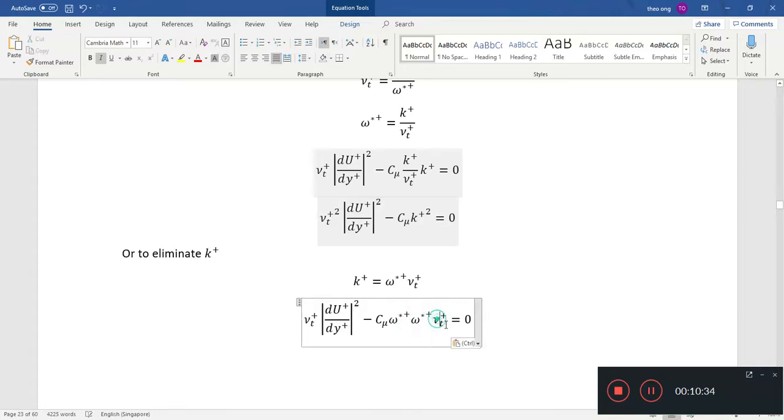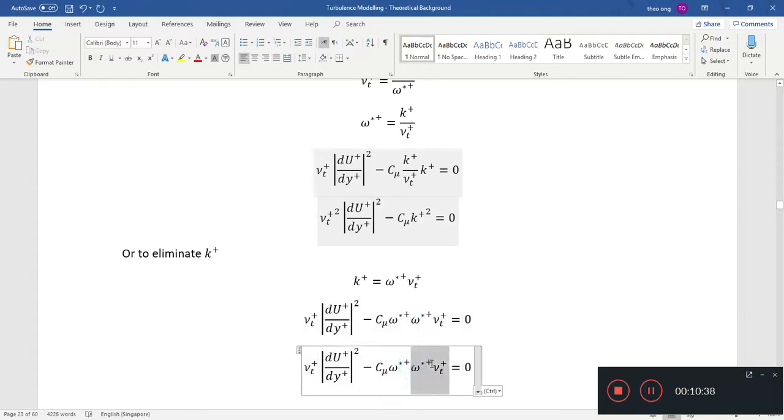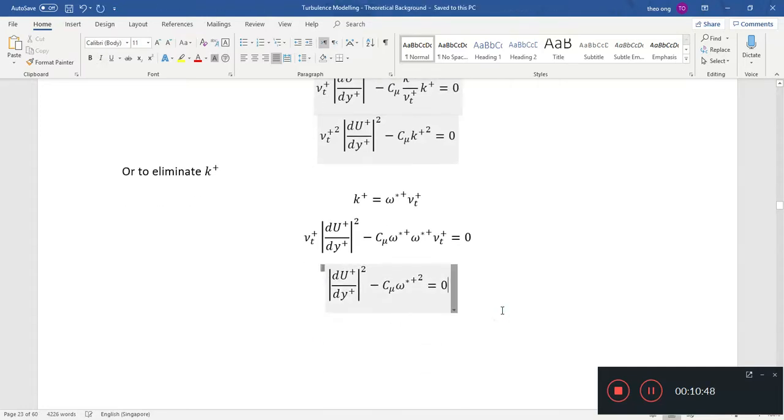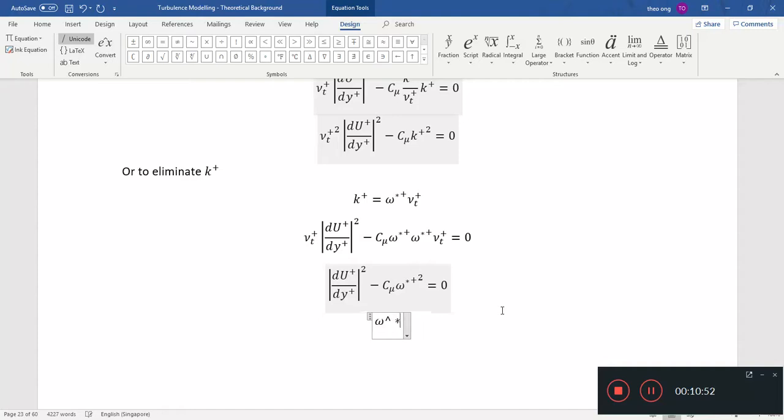Alright, so we can kind of get rid of this nu t squared here. Then we have omega star plus equals, finally, du dy over square root of c mu.